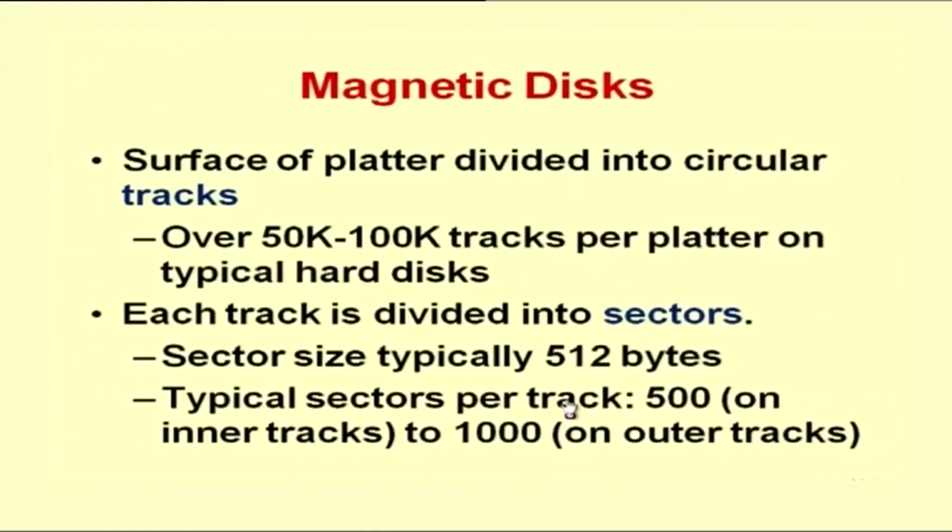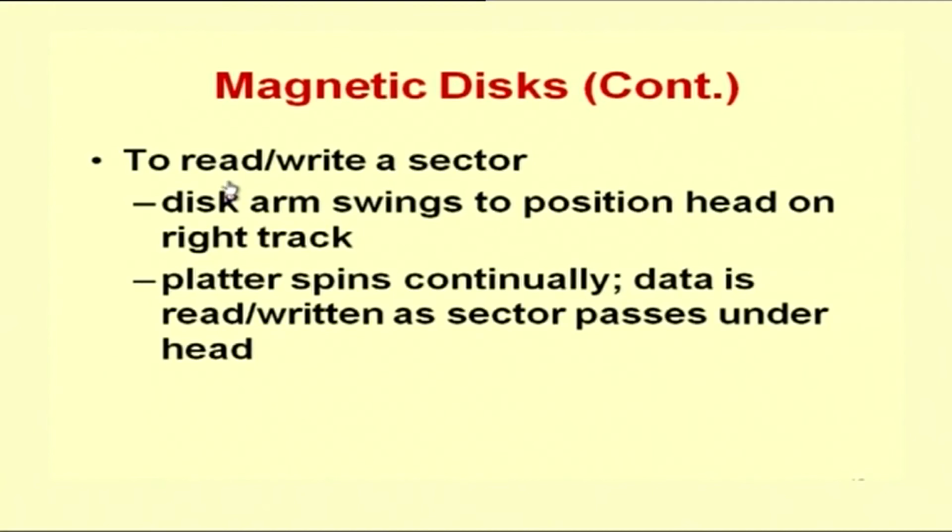Typical sectors per track, you will have 500 to 1000, 500 on the inner tracks and 1000 on the outer tracks. So, this is also a typical organization. And then if you want to read or write a sector, the disk arm swings to position the head on the right track, so first is the head movement.